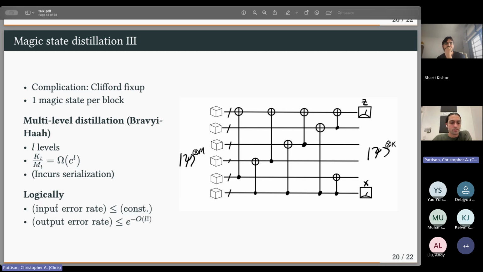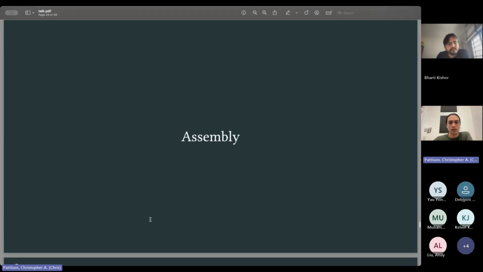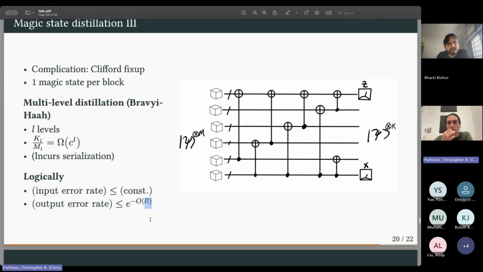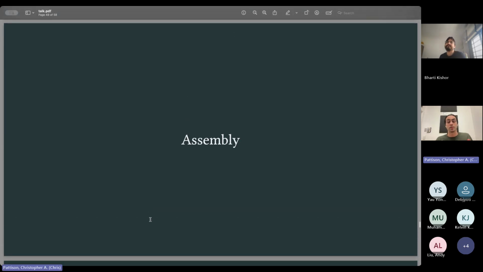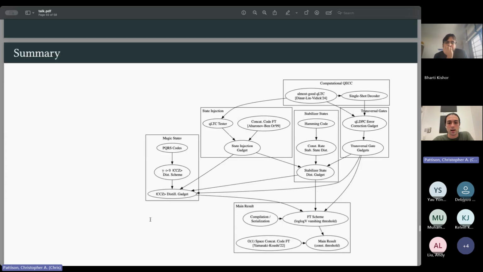We start with a constant input error rate, and our output error rate is going to decay as e to the minus factorially of the number of levels, because we have a slightly growing block length. This is actually the source of our little o of 1 in our time overhead.